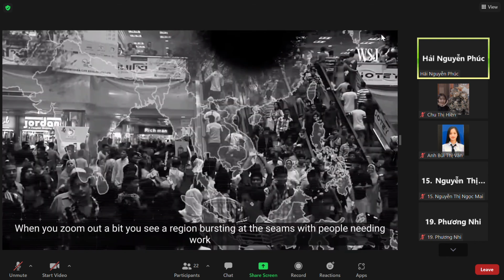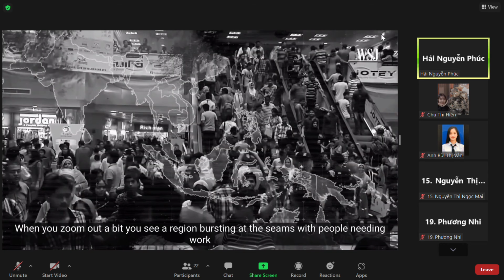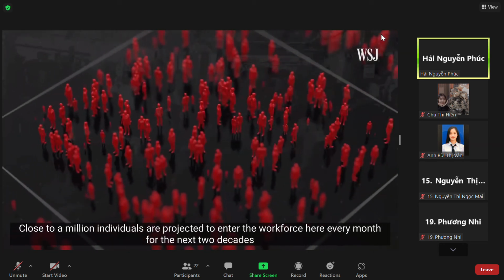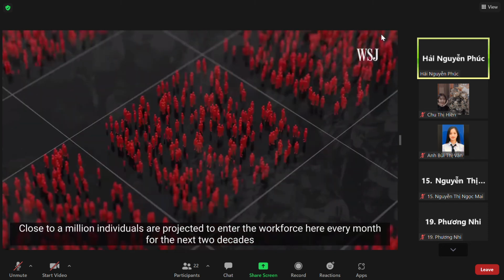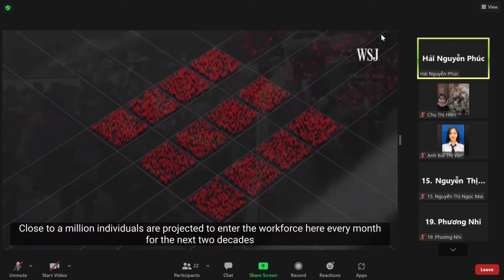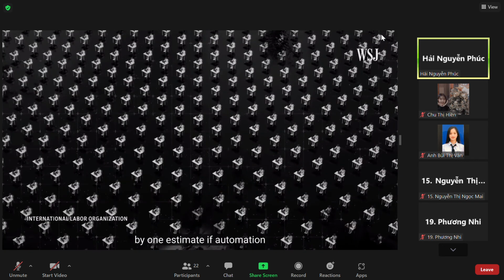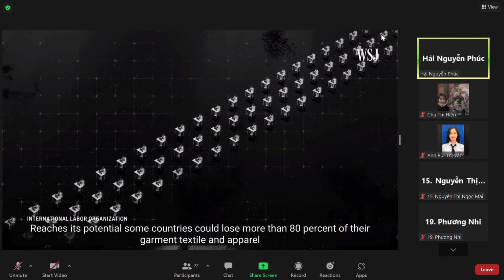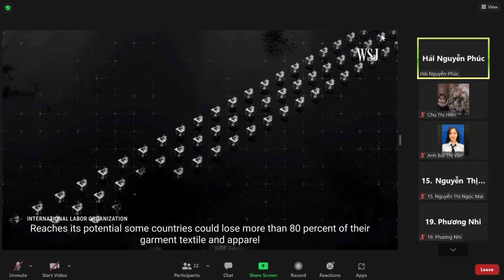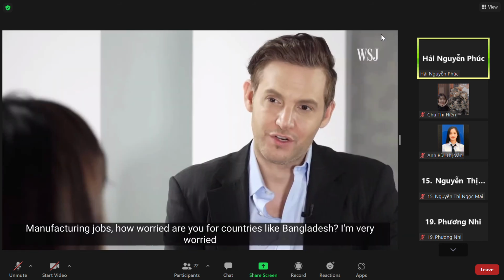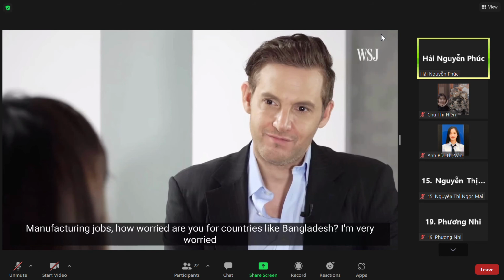When you zoom out a bit, you see a region bursting at the seams with people needing work. Close to 1 million individuals are projected to enter the workforce here every month for the next 2 decades. By one estimate, if automation reaches its potential, some countries could lose more than 80% of their garment, textile, and apparel manufacturing jobs. How worried are you for countries like Bangladesh?